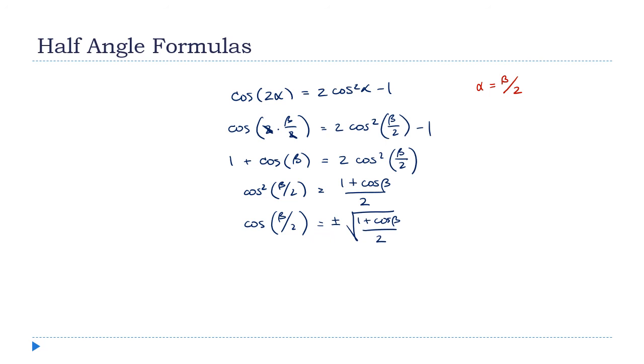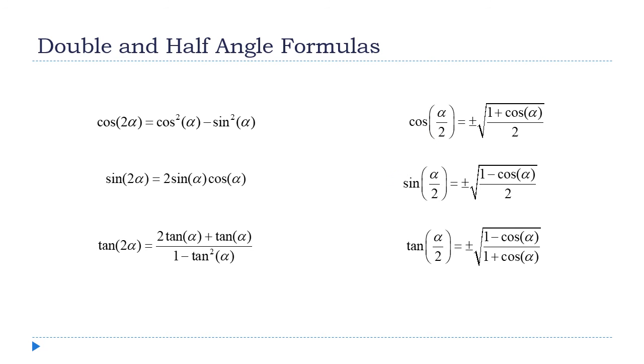Now again, I'm going to let you do the sine one. You're going to do a very similar process. And to get the tangent one, you do what we usually do with the tangent. Just divide the sine formula by the cosine formula. So there are our new formulas, and I've summarized them here. Hopefully you stopped and worked through these on your own.